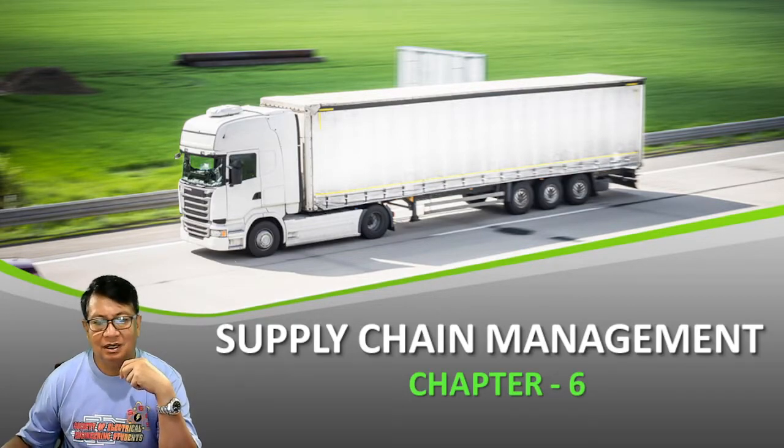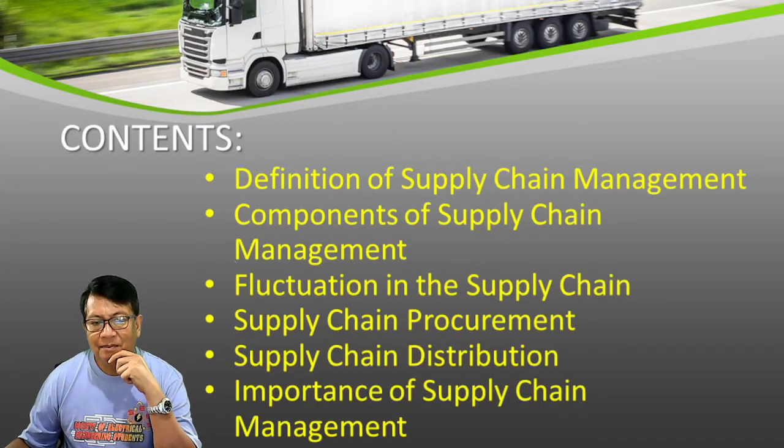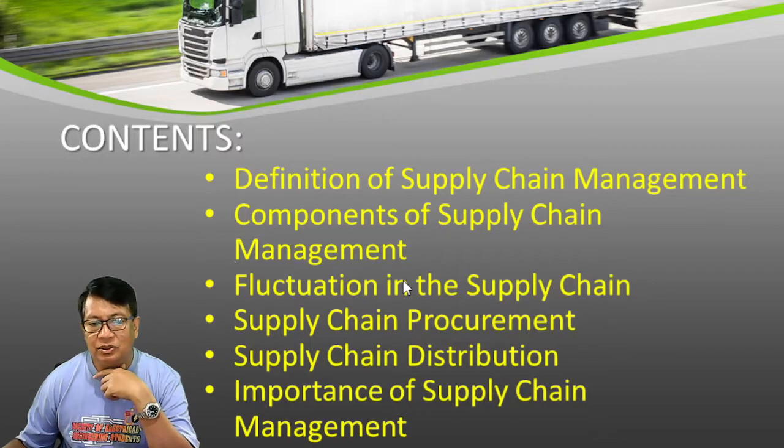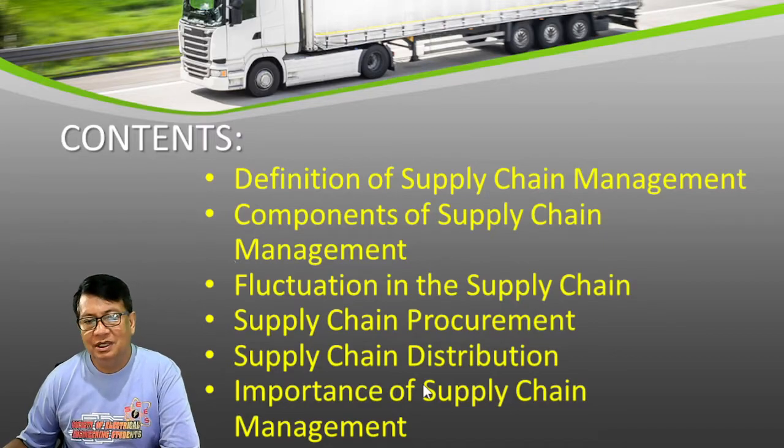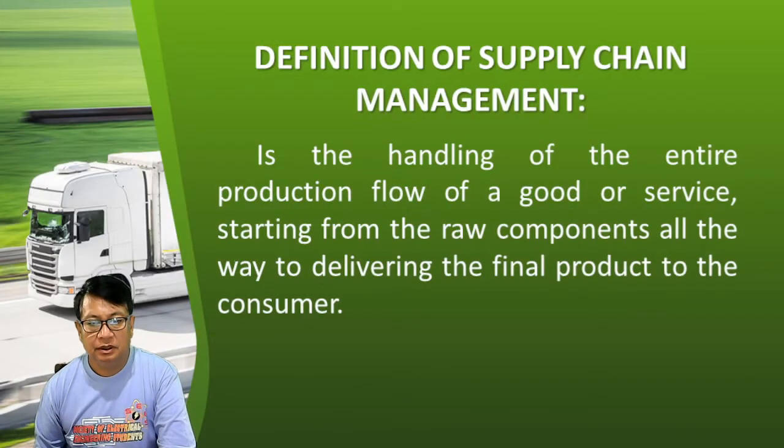So to start with, we have these topics: the definition of supply chain management, the components of supply chain management, the fluctuation in the supply chain procurement, supply chain distribution, and of course the importance of supply chain management. These are the topics that we are going to tackle for this session today, for this chapter 6.